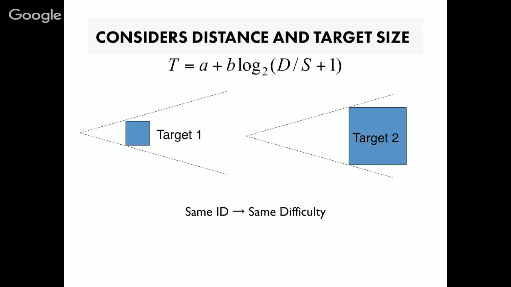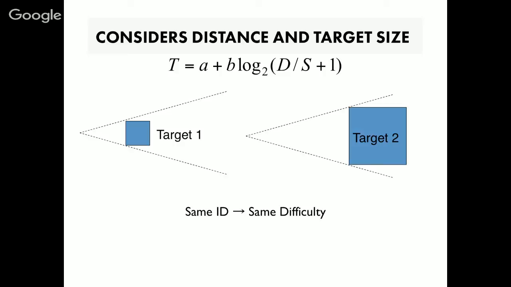So here's the most obvious example. This is a 1D kind of example. If you're starting from that point and you need to move to this blue target, then there's this index of difficulty, which is the ratio between the distance and the size. A small target close is the same difficulty as a big target far away.